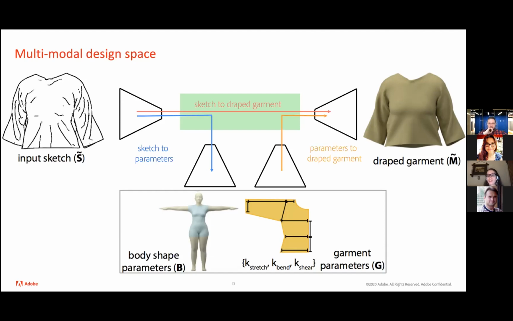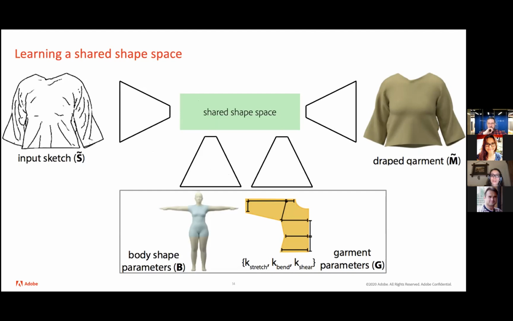And then a third network can take the parameters as input and then predict the 3D draped shape of the garment. The main contribution of this work is to train these three networks jointly so that they actually share the same latent space, which we call the shared shape space. So now that we have this common latent space, it becomes very easy to go from one design space to the other just through the common latent space.